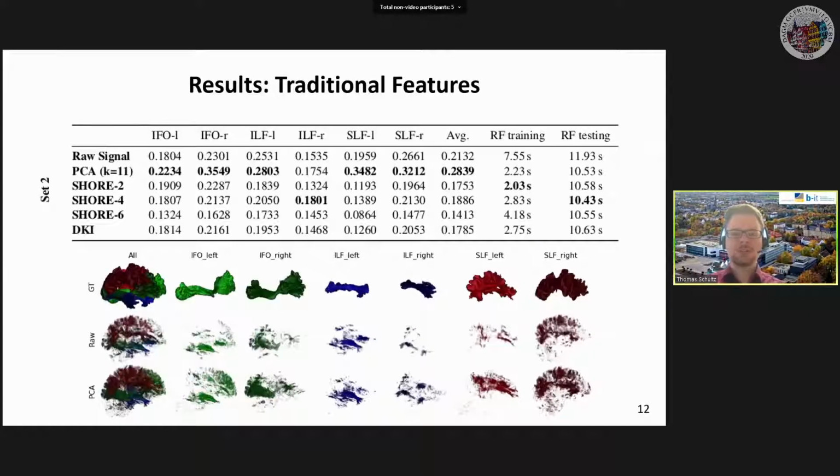So in a nutshell, this slide summarizes the experiments and the results that we got. In this table, you can see that we cannot really improve the accuracy over using the raw signal by using these domain-specific features. The accuracy is still similar. Often PCA does a little bit better.